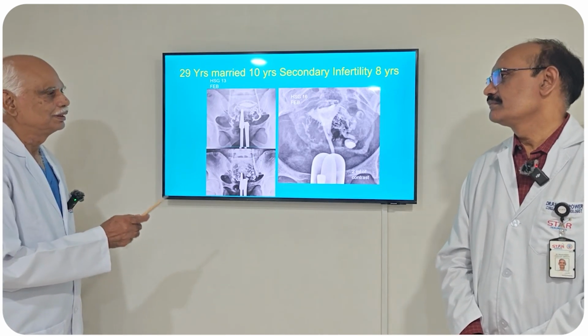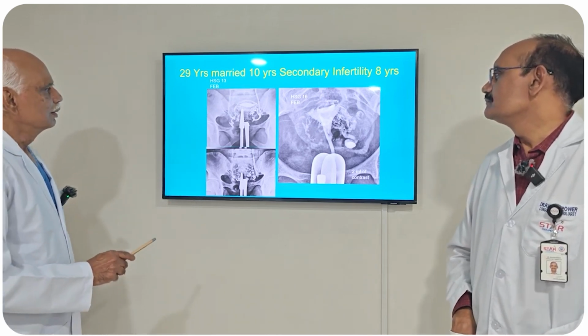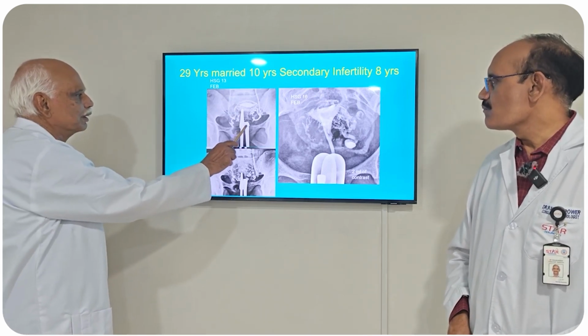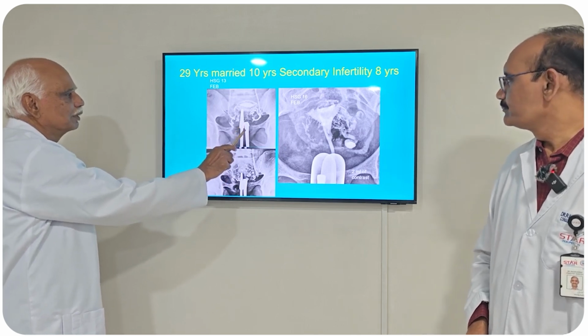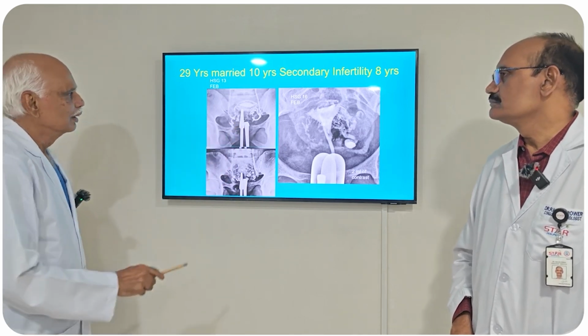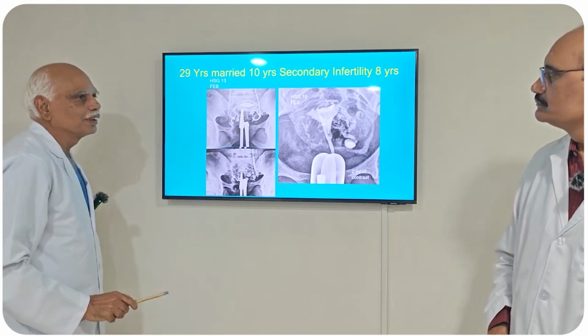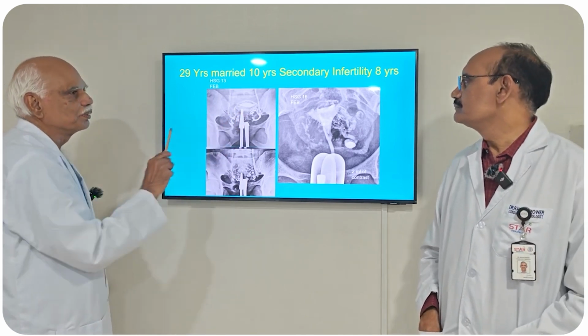fluoroscopy HSG. In this case, this was done as a routine. We can see this is a tenaculum holding the cervix, with the cannula they use. The injected contrast, what you are seeing is part of the uterus and you are not seeing any tubes.